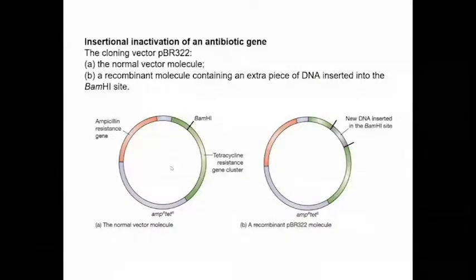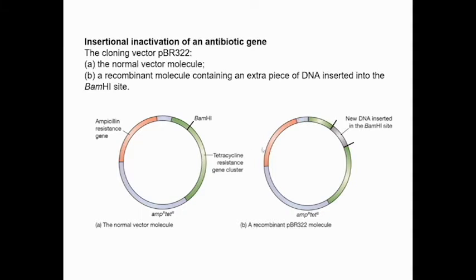So let's go from the beginning. You have the vector, and you cut the vector with BamHI. After you cut this vector with BamHI, you mix it with the insert DNA.